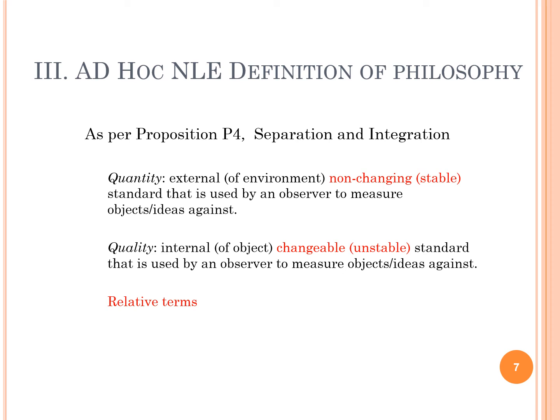And then vice versa, quality, the standard of quality, is changeable in comparison to the more stable one in the environment. In quality, internal of object, changeable, unstable standard that is used by an observer to measure objects, ideas against. So you have what's within the individual and what's external to.